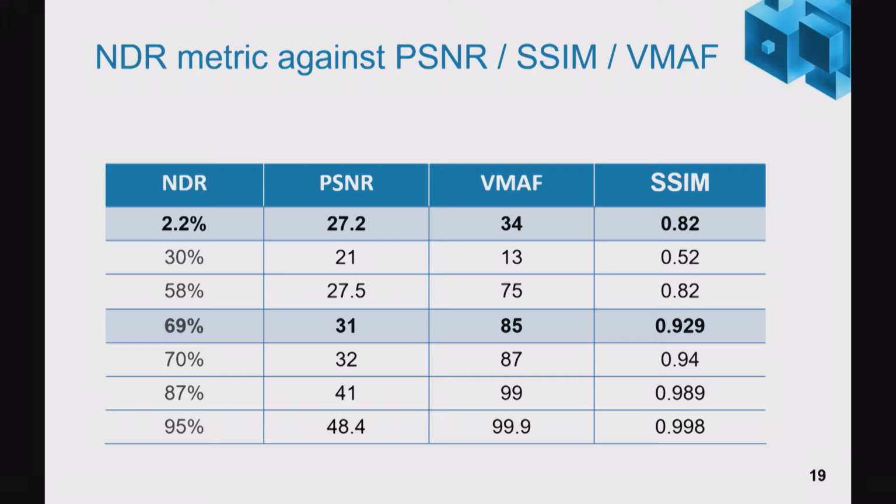So for the bad one, NDR is 2%, and for the good one, NDR is 70%, which we may say is good and complete junk. VMAF shows about the same, while PSNR and SSIM are not that good for them.